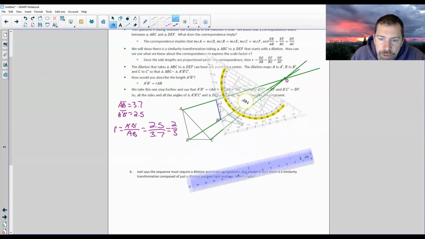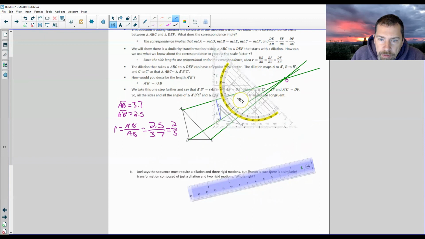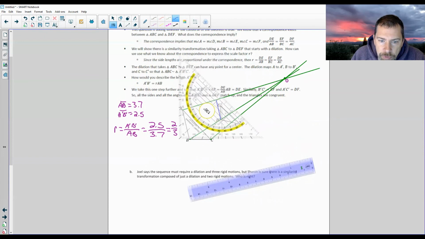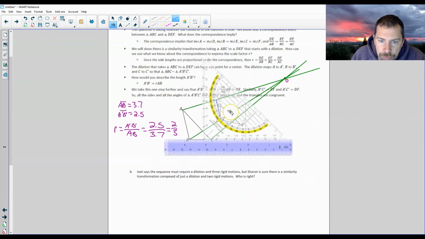Okay, and then we're going to do the same with BC. So if I put BC like so, rotate my ruler and slide it up against my square, and then move the square over.